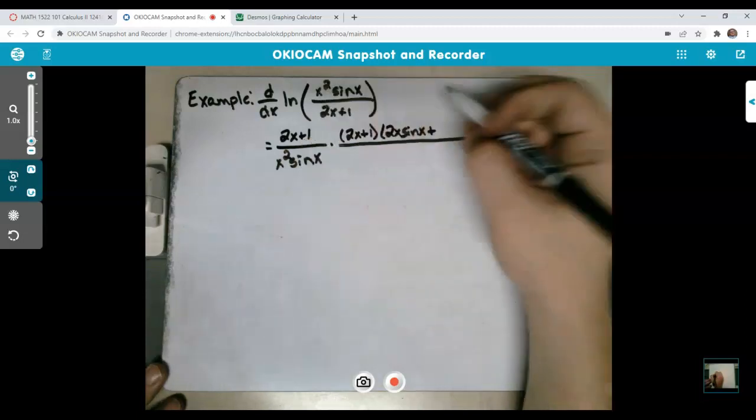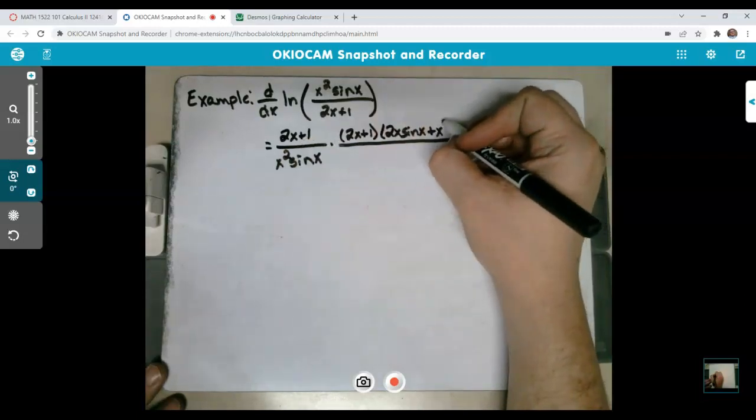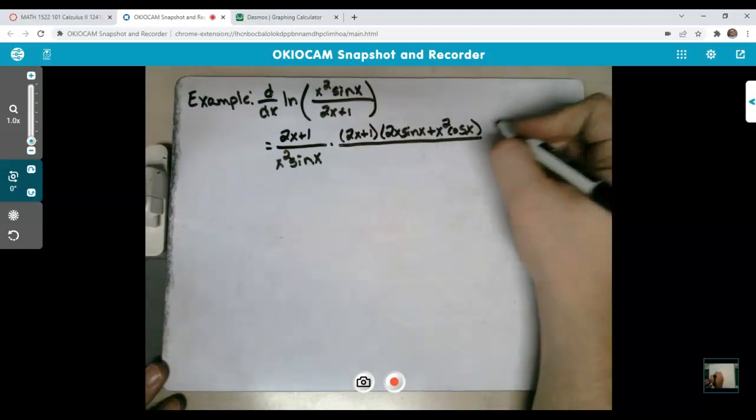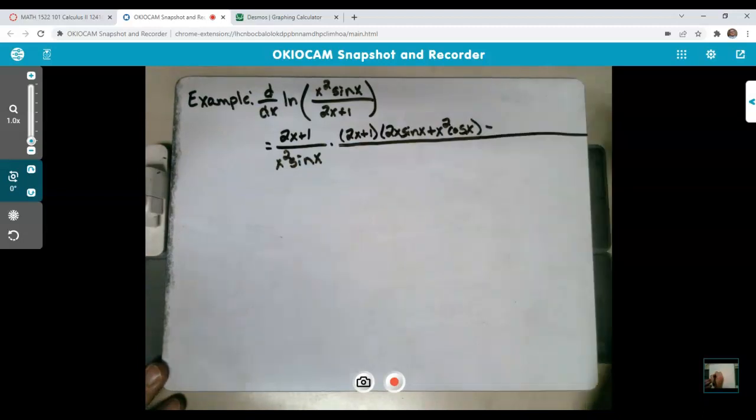Plus, leave the first part, x squared, times the derivative of this part, which would be cosine of x. Minus high d low. High means we're going to leave the numerator and then take the derivative of the denominator. So the derivative of 2x plus 1 is 2. All of that over the denominator squared. So 2x plus 1 squared.